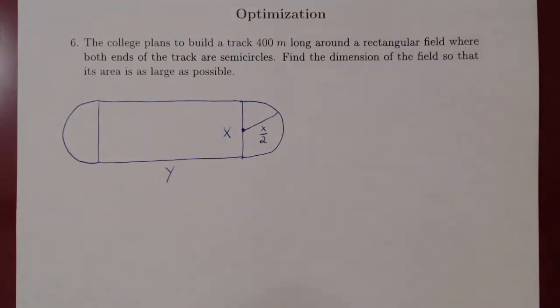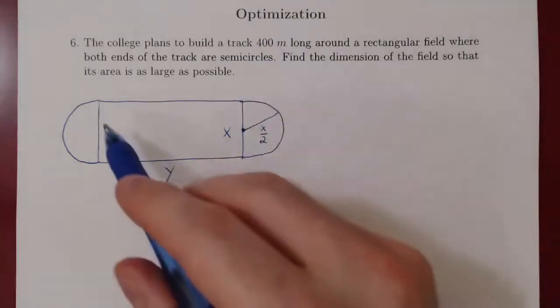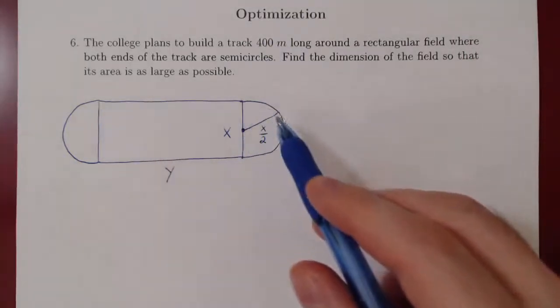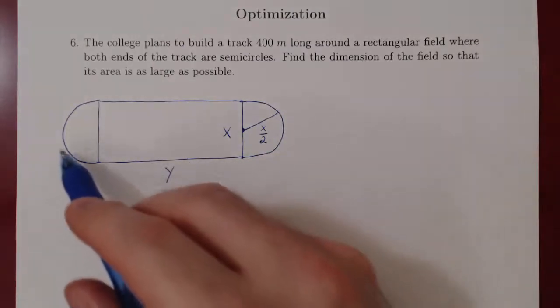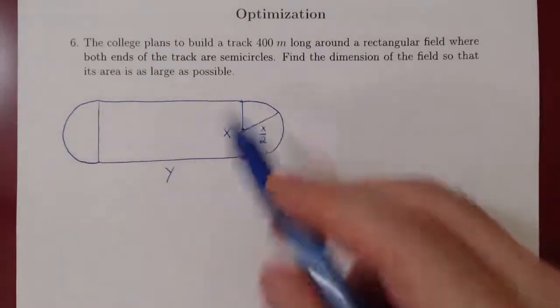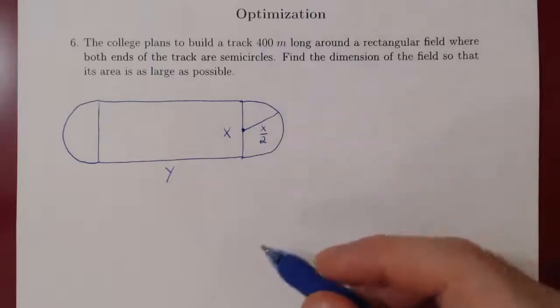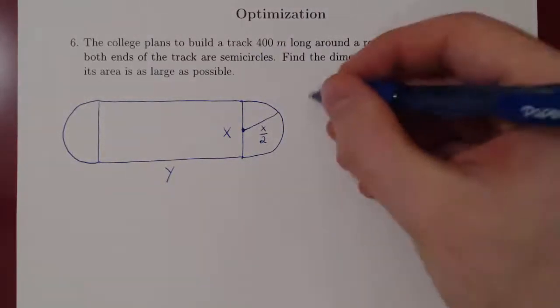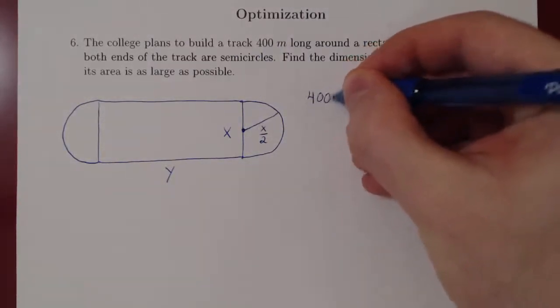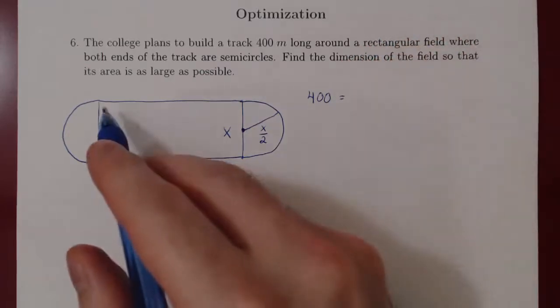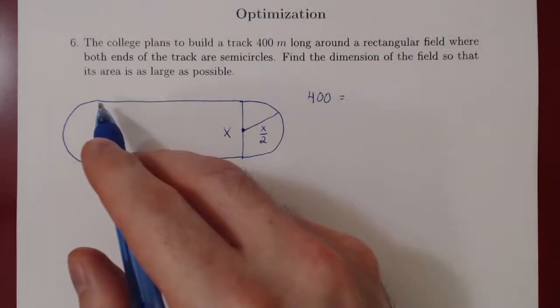Okay, so now let's see. What do we know? We know that the perimeter of our picture, being the length of the track, is 400 meters long. Well, what is the perimeter? All right, 400 is our perimeter. Well, look at the two pieces on the rectangular field.